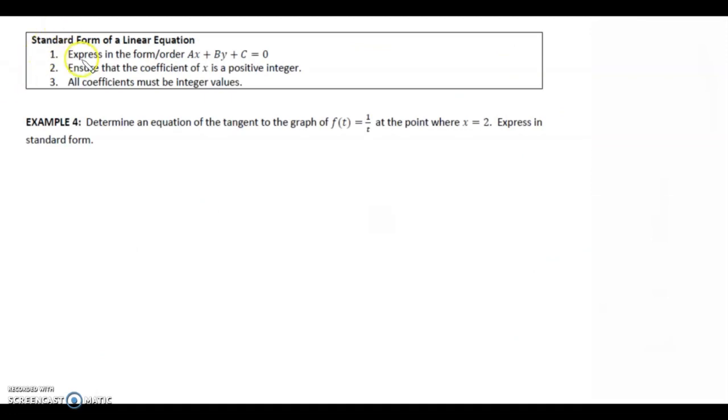So I'm going to review the standard form of a linear equation. So 1, express the form in the order ax plus by plus c equals 0. This is standard form of a linear equation.